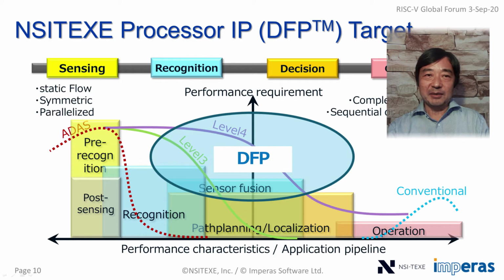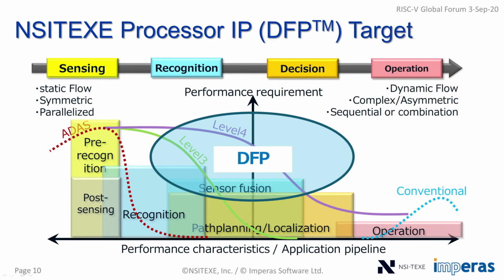Sorry, this chart only shows the image of the characteristics because it's too complex to show in reality. The left-hand side is the sensor side, usually well parallelized with a static and symmetric flow. The right-hand side is the decision and actuation side, usually more complex, dynamic, and sometimes a sequential flow.